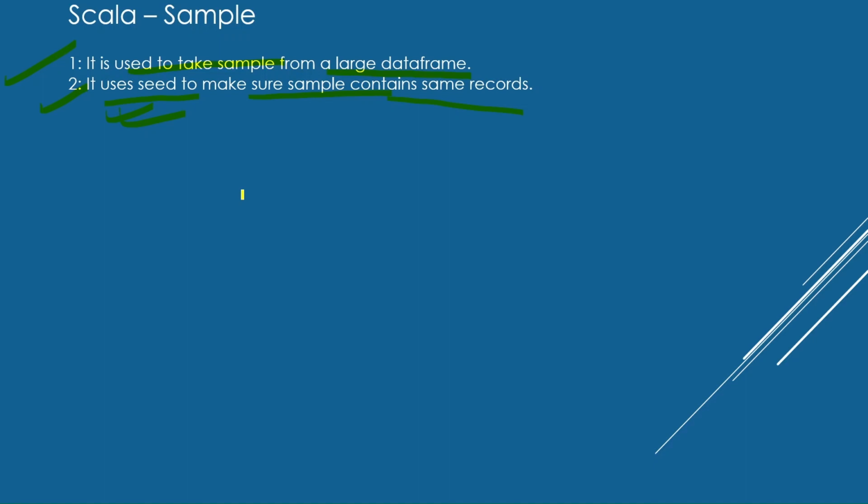Each and every time you run that code with the same seed, those 10 records will be available in the sample data. No other records will be fetched. Same seed, same sets of data will be available in the sample data frame if you are sampling with this sample function.